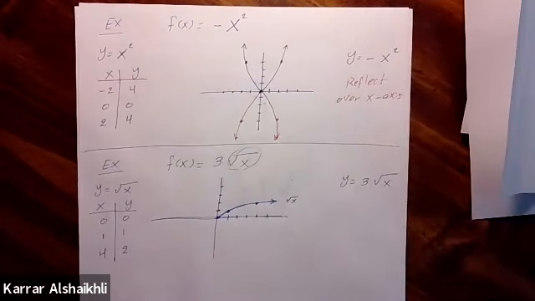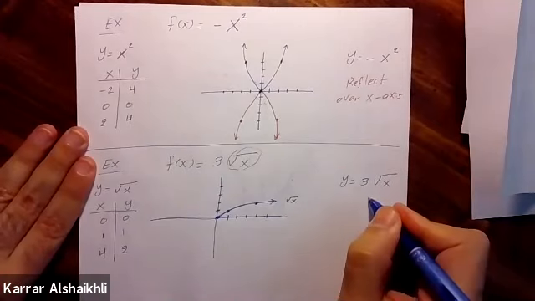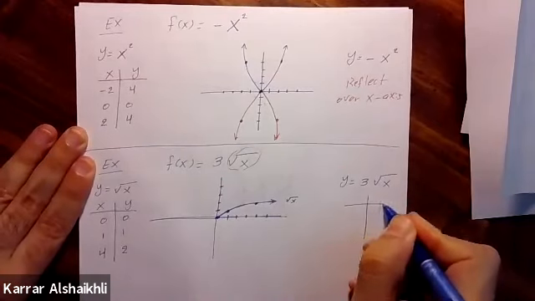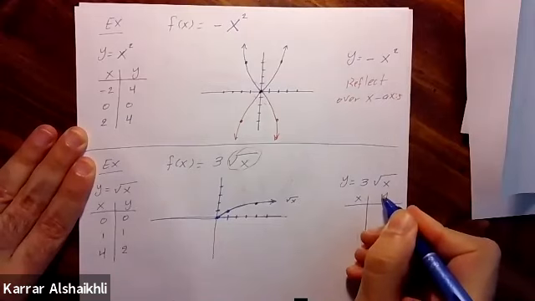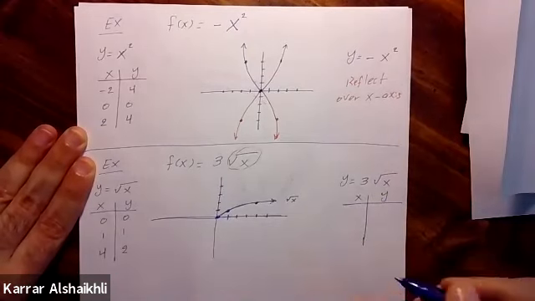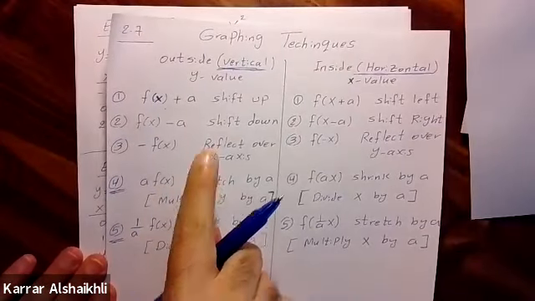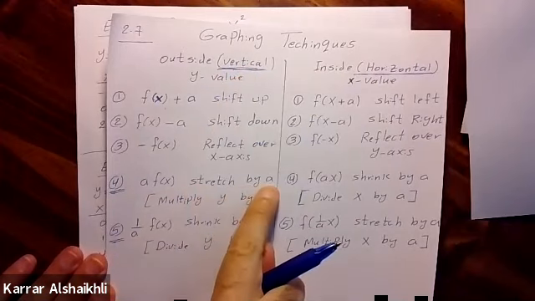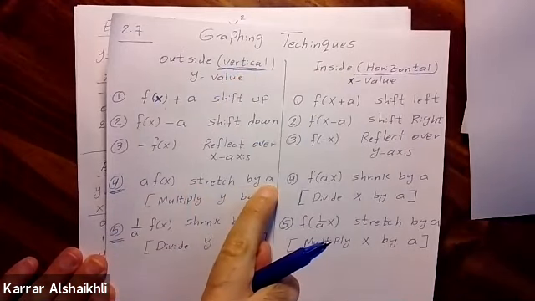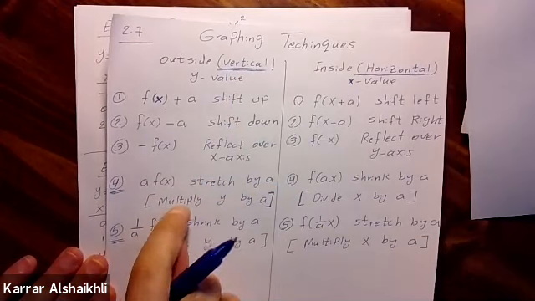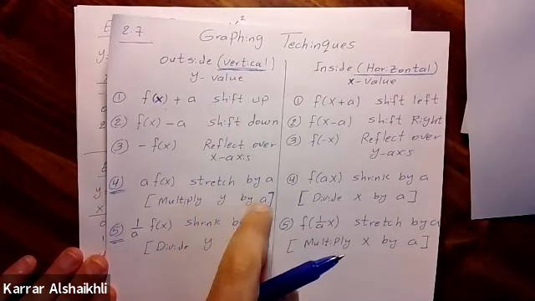Now we need to get the points for the new graph. How are we going to get the points for the new graph? X, y. Check here what the notes are telling you: a number outside is going to be a vertical stretch by a. How are we going to get the new graph? By multiplying y by a.